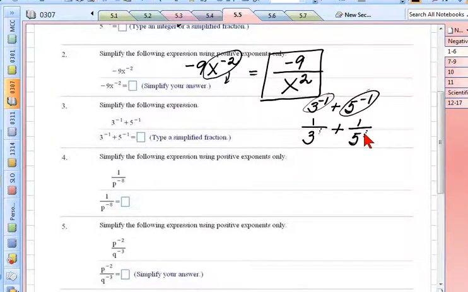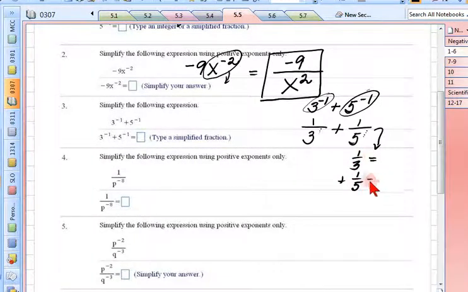What do you have to add two fractions together? A common denominator. So if you'd like, I'm going to do this problem. Let's see, I've got to have a little spot. I'll just work it right down here. I have 1/3 plus 1/5.